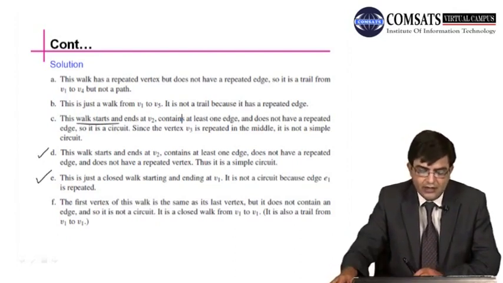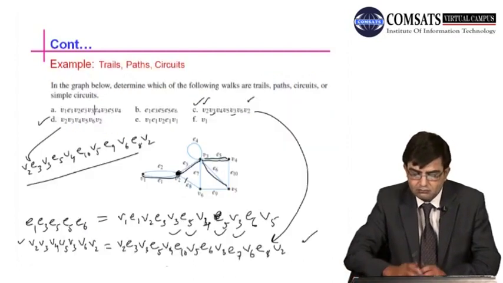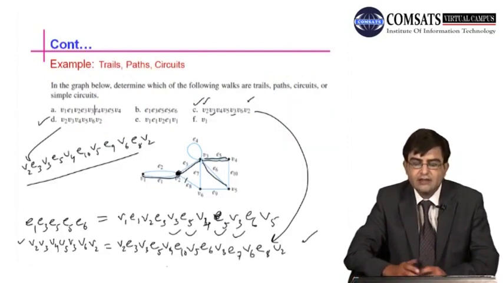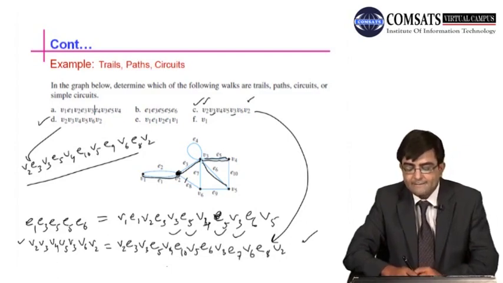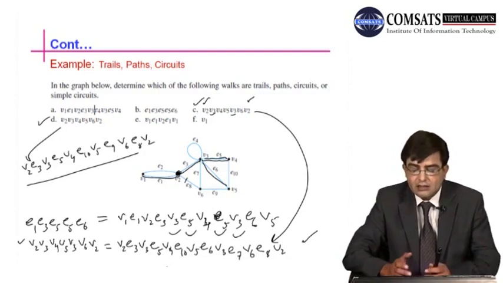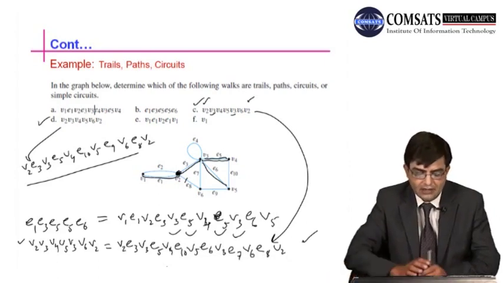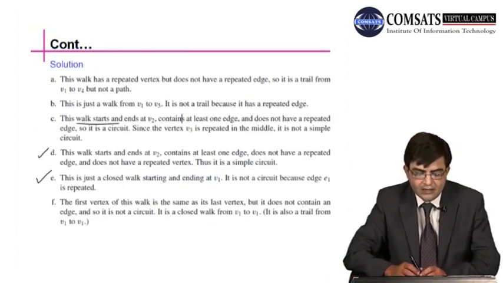In the last part we have V1. V1 is a trivial walk, as we have discussed in the definition of walk, that a walk from a vertex to itself is a trivial walk. So the first vertex of this walk is the same as its last vertex, but it doesn't contain an edge, and so it is not a circuit.